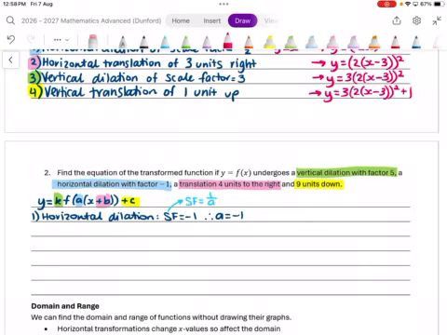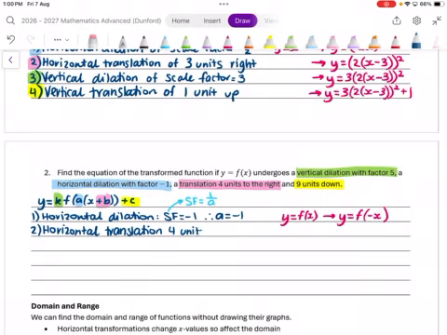All right, so we start off with y equals f of x. What we have is y equals f of -x. So far? Okay, step 2. We have our horizontal translation, 4 units right.